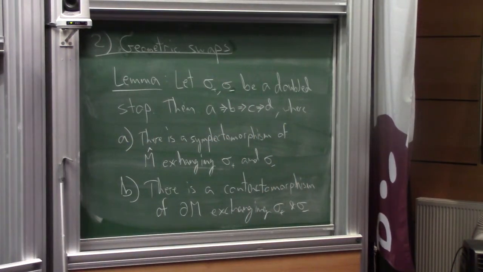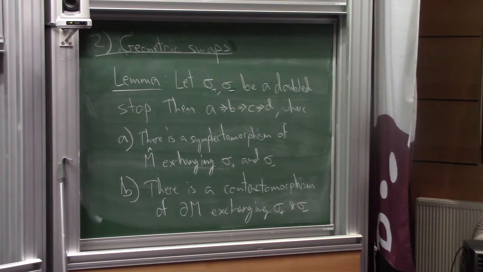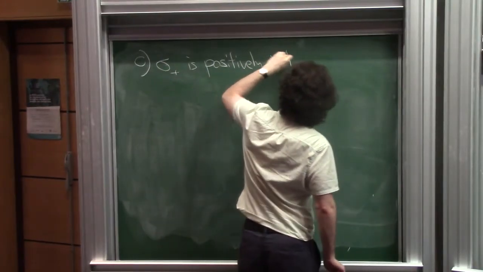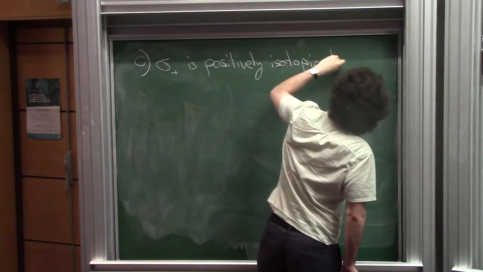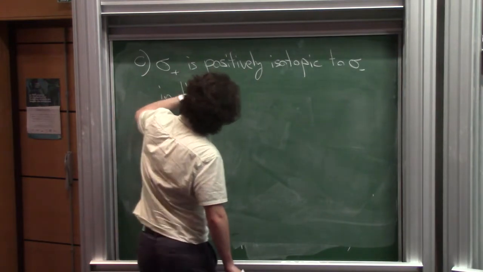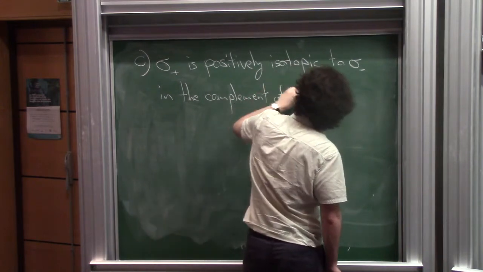Let's continue the lemma over here. C. Sigma plus is positively isotopic to sigma minus in the complement of sigma.